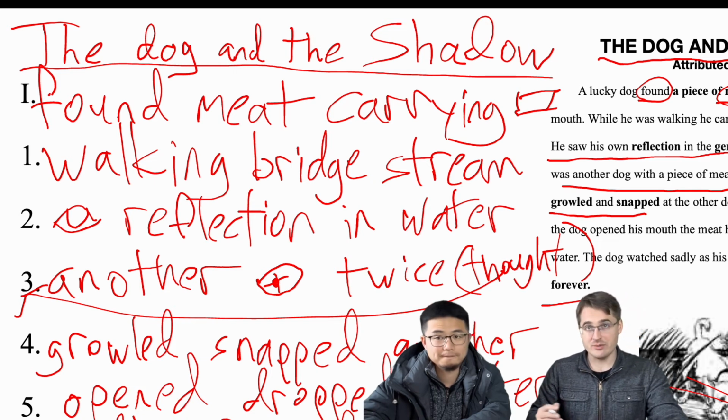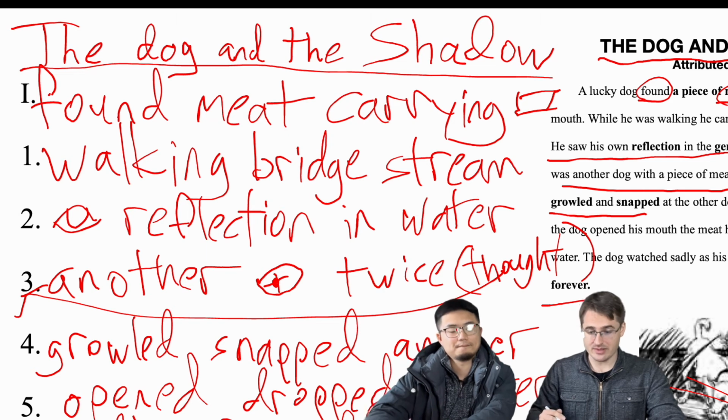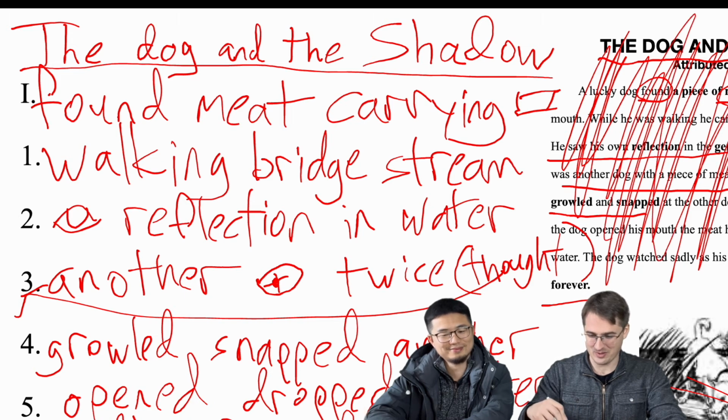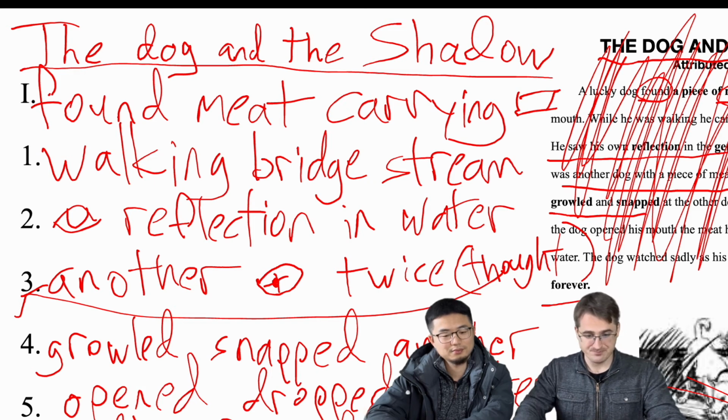Okay. Now we have a KWO for the dog and the shadow. So I'll give you another example of how to retell it. First, we must get rid of our paper. We won't look at this. And we're going to use only the KWO to retell the story. The dog and the shadow. There was a dog who found a large piece of meat and was carrying it home in his mouth.